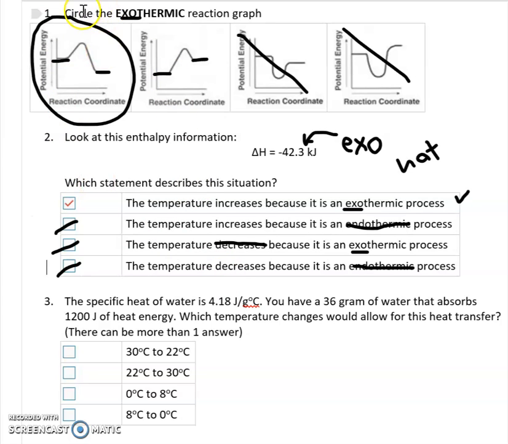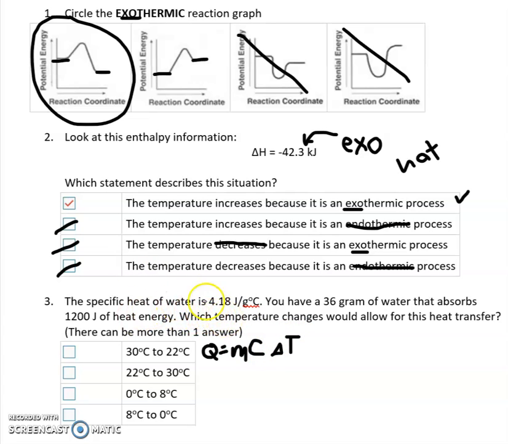All right, next one. The specific heat of water. Oh, this is an equation one. So I need my formula. Q is equal to M times C times delta T. There's my formula.